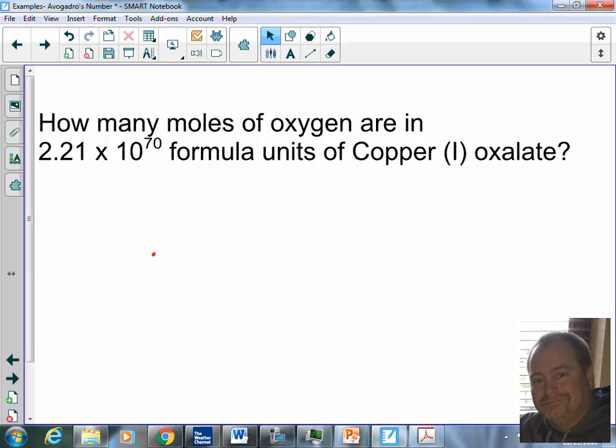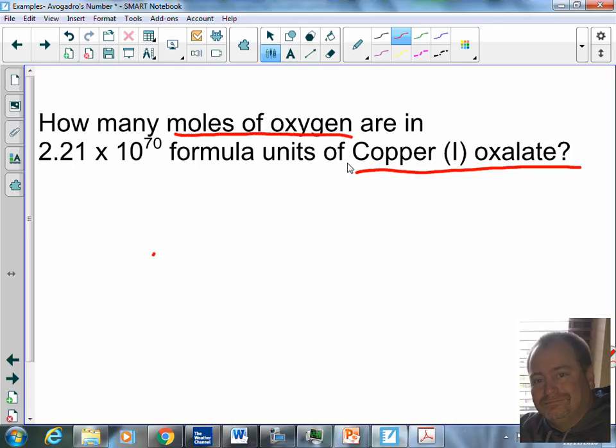Now, what you should see, your mental thoughts should be, I have copper 2 oxalate, and I want to get what? Moles of oxygen. Can I go directly from copper 2 oxalate to moles of oxygen?